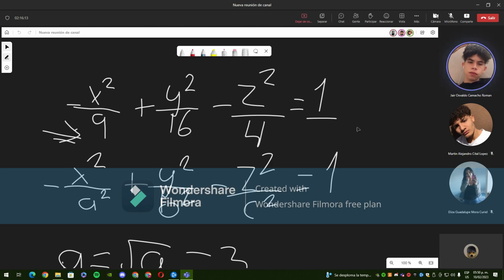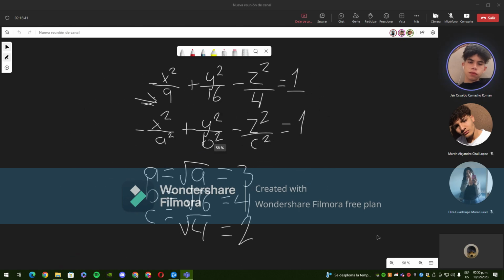But the x, y, and z indicate the axes. In this case, x is 0, y is 0, and z is 0, so our center is the point 0 of the graphic.